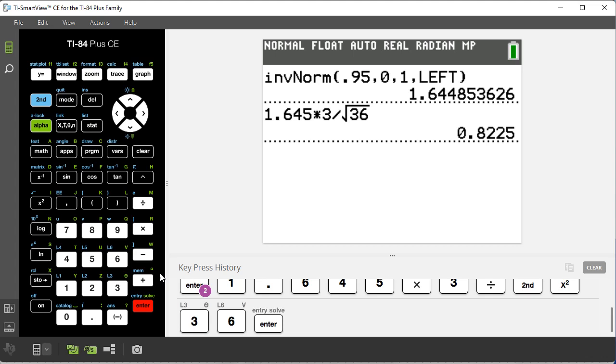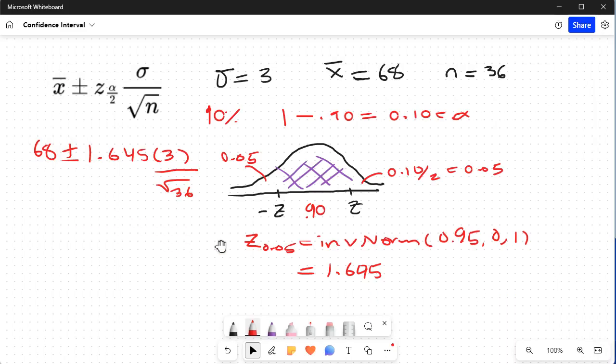We hit enter, and it's 0.8225. So this value is the sample mean plus or minus our margin of error, which we found to be 0.8225.